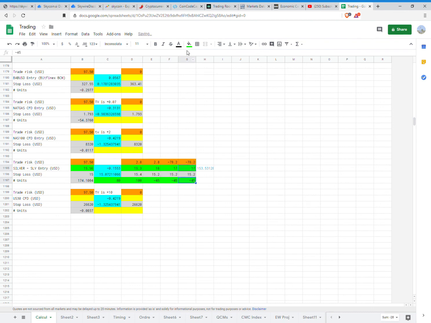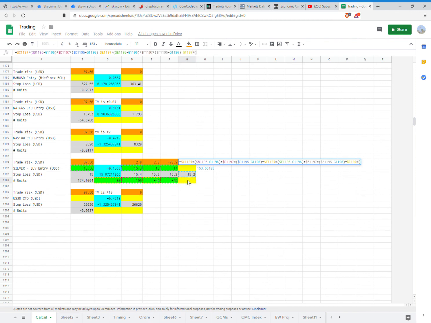So for now, I don't know where and how much I'm going to trade, but I just want to make sure these sales are prepared. Plus this cell times open parenthesis, this minus this close parenthesis, dollar sign over here, dollar sign over here.